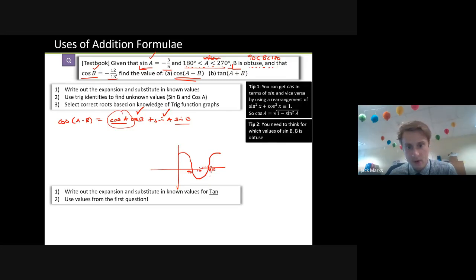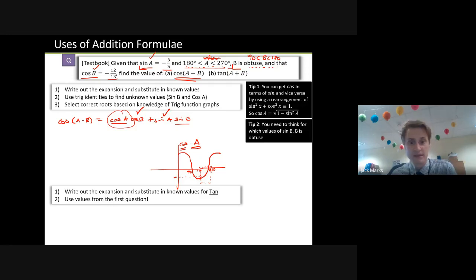So I'm looking at this part of the graph because A is between 180 and 270, and this is what the graph of cos A looks like. So I'm expecting some kind of negative answer. Okay, so this is about A. Let's call this cos A. I'm going to do the same with.